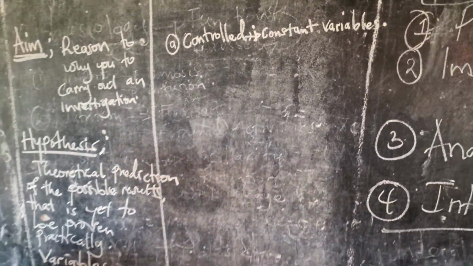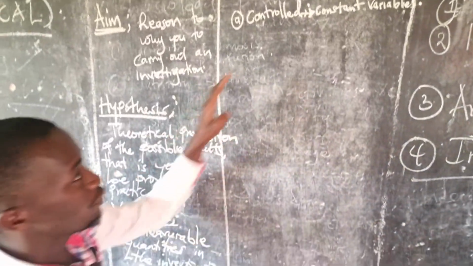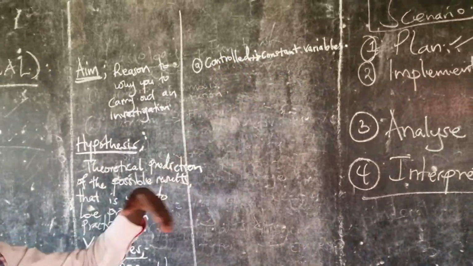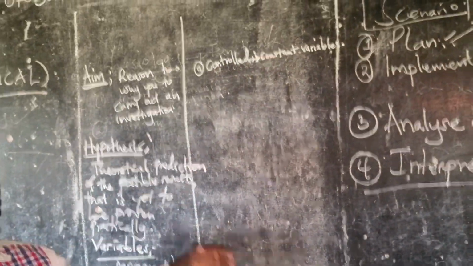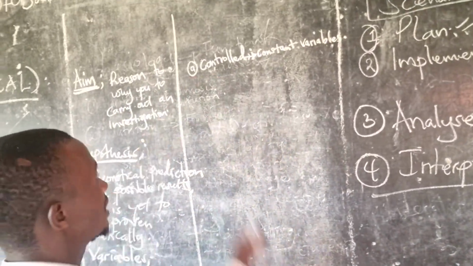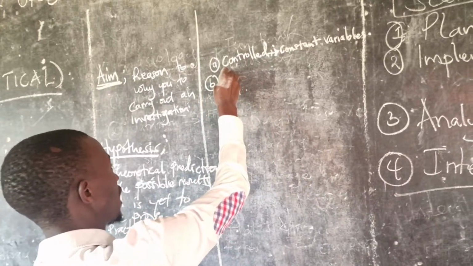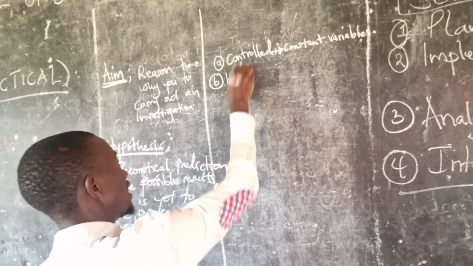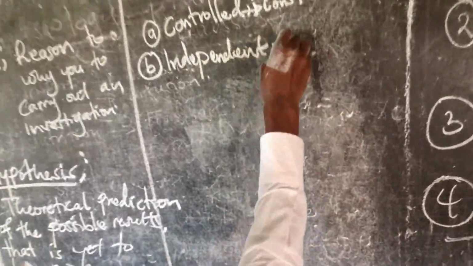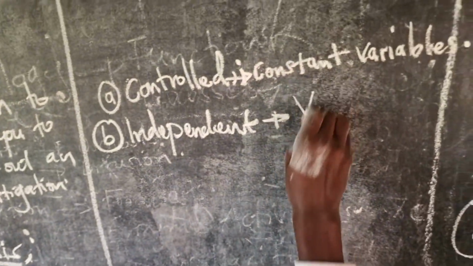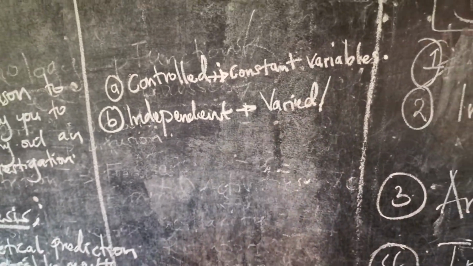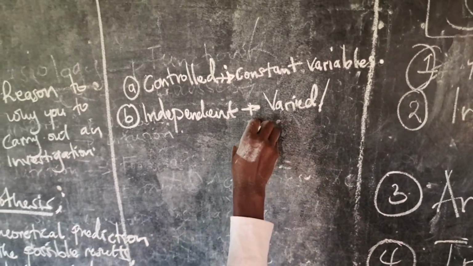Those measurable quantities in a practical that will be kept constant so as to proceed with the experiment well will be termed controlled variables. We shall also have what we call independent variables. Sometimes the word varying means changing.